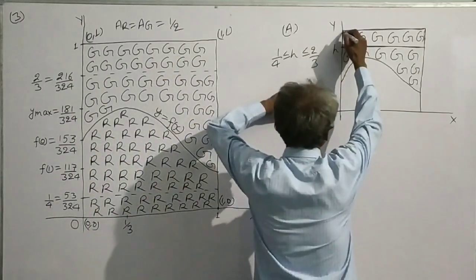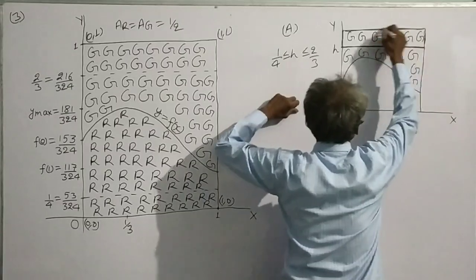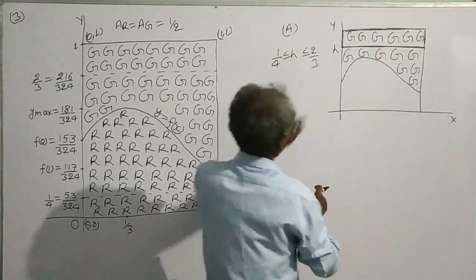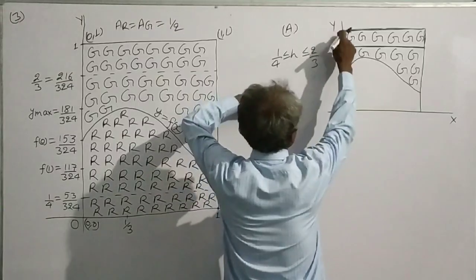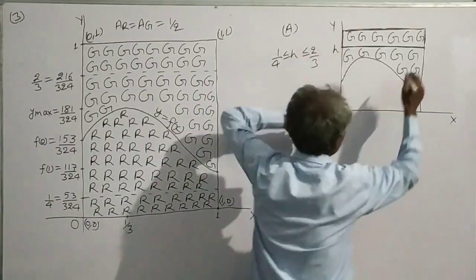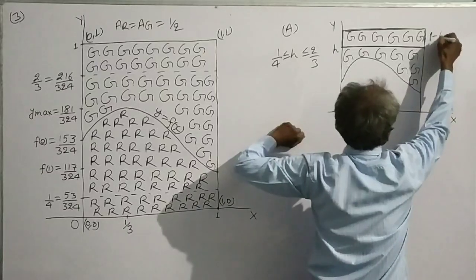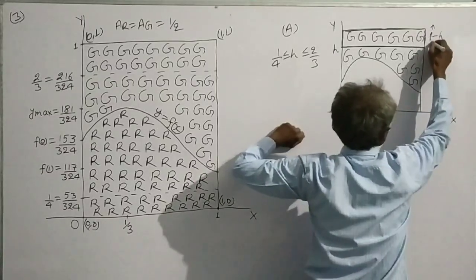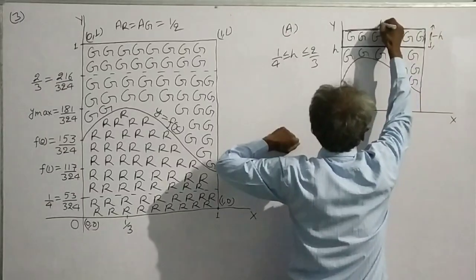and the area of the green region is 1 by 2. That means the area of this rectangle will be 1 by 4, and this side will be 1 minus h. This length is 1.